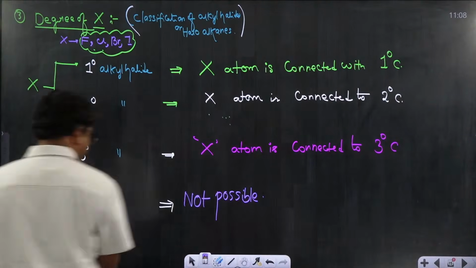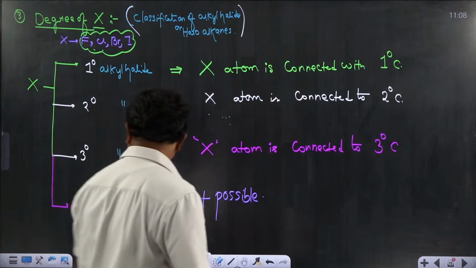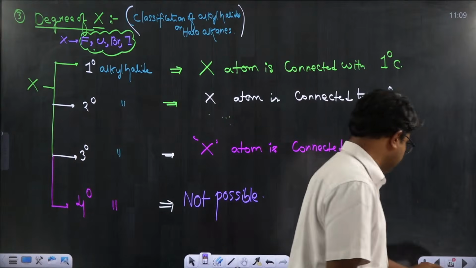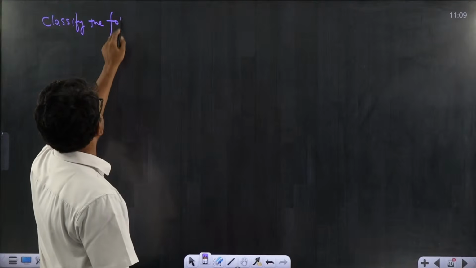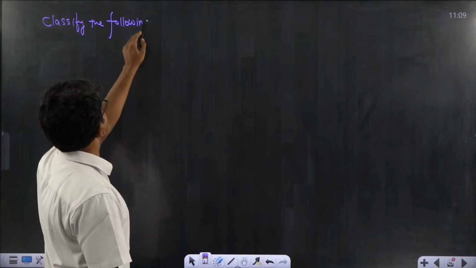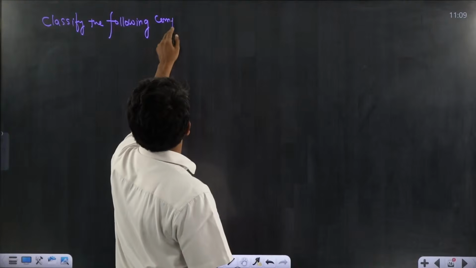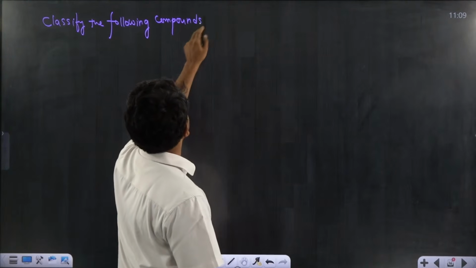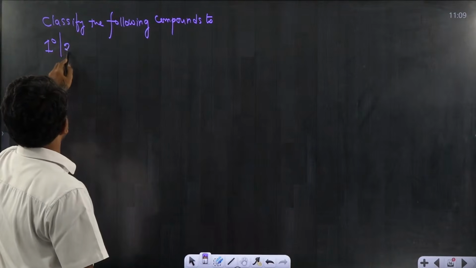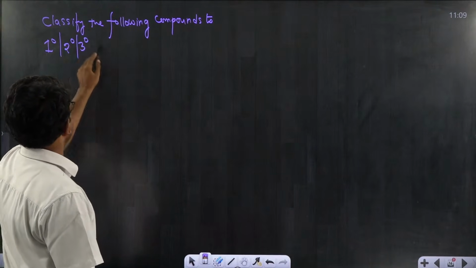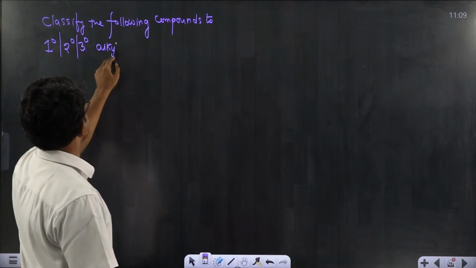So let's try to work on the examples. Okay. Now, my dear students, try to classify the following compounds into primary or secondary or tertiary alkyl halides.